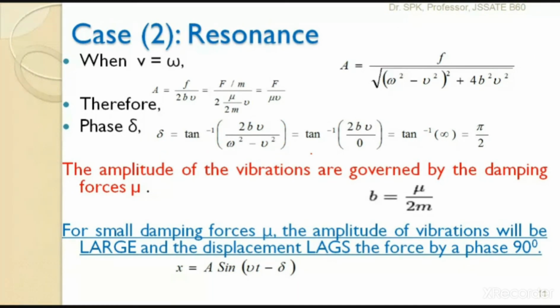Delta was this, and the amplitude is proportional to F by mu, where mu is the damping coefficient. So it depends on the damping coefficient. The amplitude of vibrations when the driving frequency is equal to the natural frequency depends on the external damping medium. And we have calculated delta is equal to 90 degree. There is a phase lag of 90 degree.